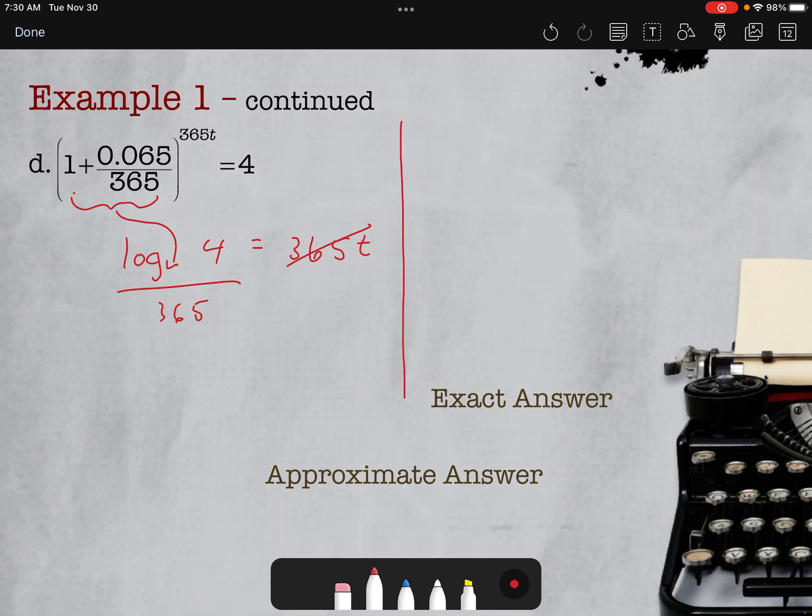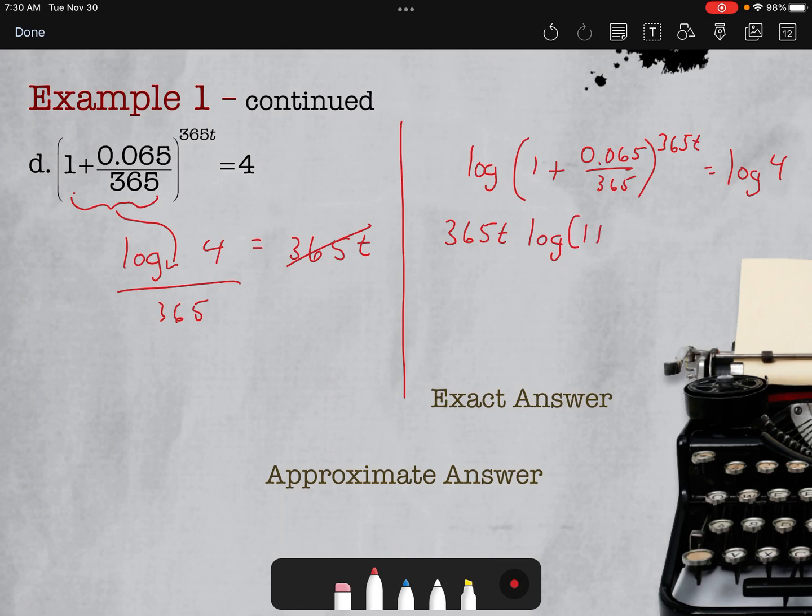Now, I'm going to show you another way of doing it. Another way of doing this is to take the log or the natural log of both sides. That does not change anything. So if I take the log of this, I'll just show you what I mean by taking the log of both sides and how much nicer it looks. So you can see then that I can move the exponent out front, and I have the log of all of this equals the log of 4.